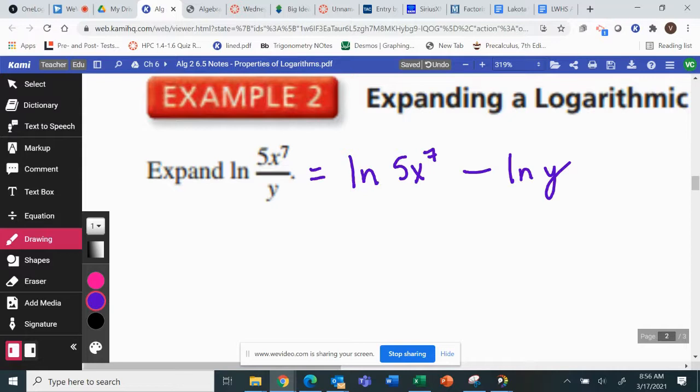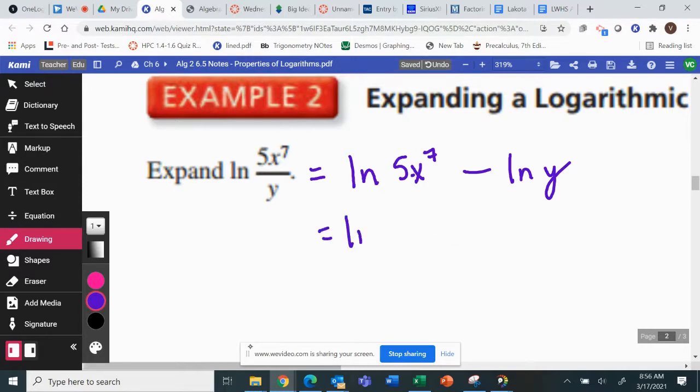But ln of 5x to the 7th, we can still do more with. Is the 7th power on all of 5x? Ryan, is the 7th power on all of 5x? No, it's only on the x. So I'm going to do the separation of the multiplication first.